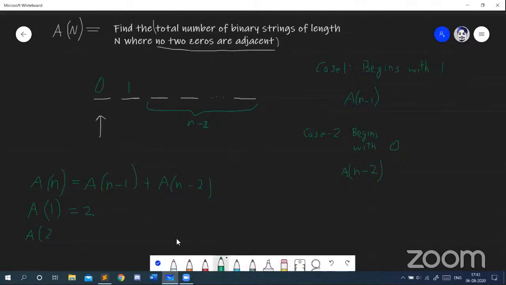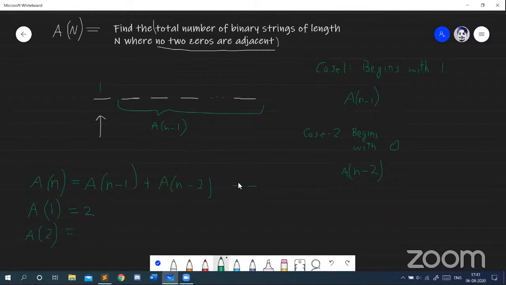And for the other case, just to re-explain, if there were a 1 here, then I can put a 0 here or I can put a 1 here. I mean, this still remains the problem of filling n-1 blanks. And that's why we get this, right? And so A of 2 will be what?